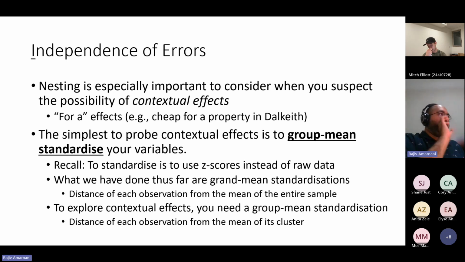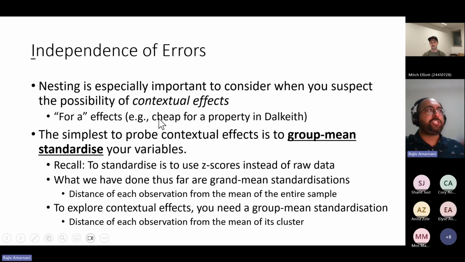One option that is open to you is to look for something called a contextual effect. So this is where you go, okay, I want to predict the price of an Airbnb property, but I also want to account for the fact that these properties are in this expensive suburb.